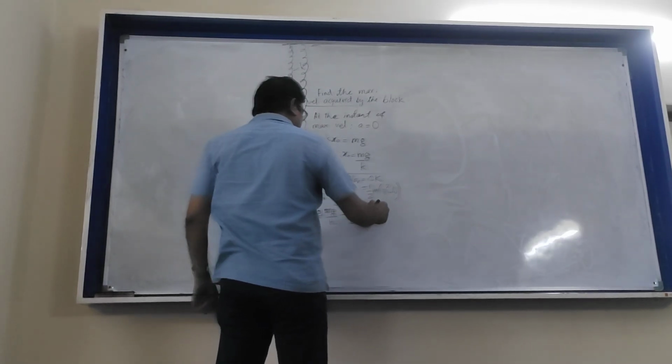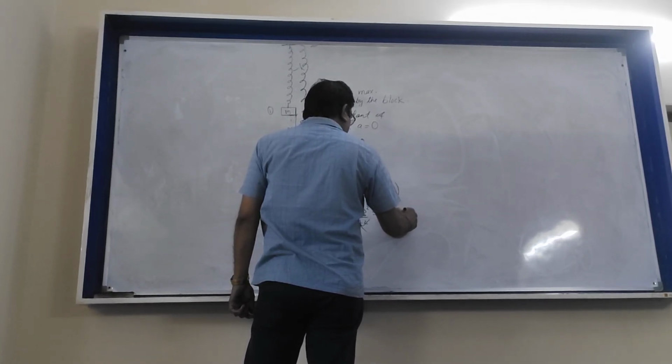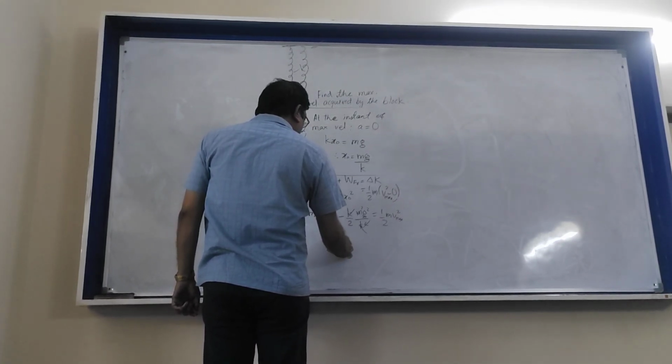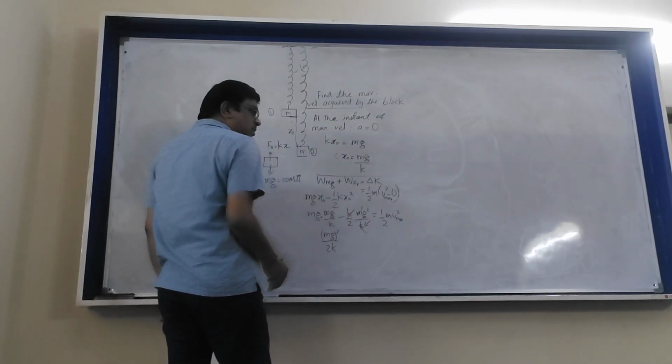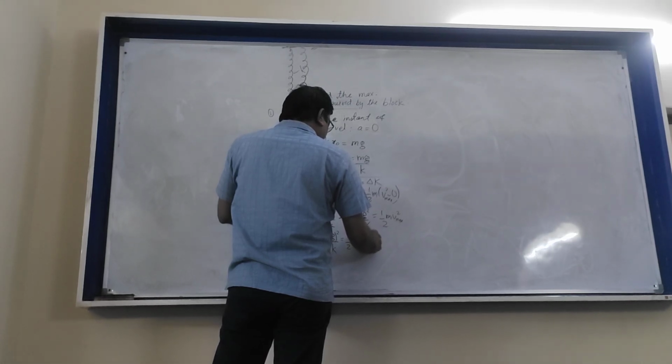One k gets cancelled. So this is maximum velocity. Okay, so this will be mg whole square by k minus mg whole square by 2k. So this will be half m v max square.